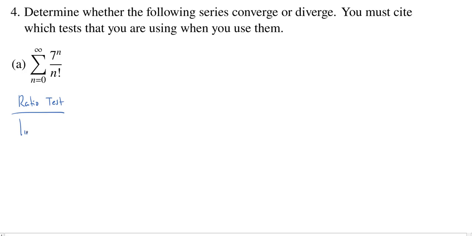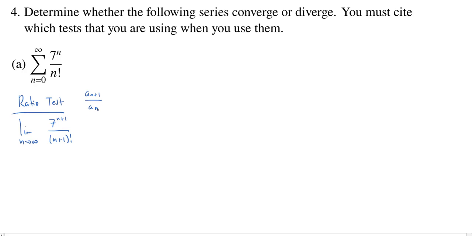So for the ratio test, I need to take the limit as n goes to infinity of the absolute value, but before we write an absolute value, you notice there's nothing negative up here, so I'm not worried about the absolute value. I need to look at the ratio of the n plus first term to the nth term. The n plus first term will be 7 to the n plus 1 over n plus 1 factorial.